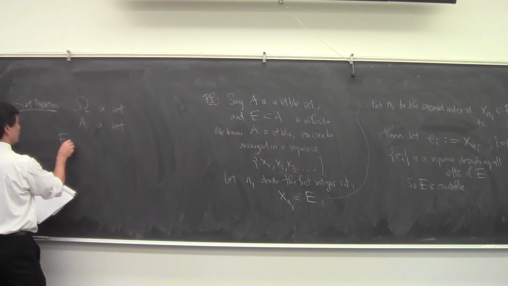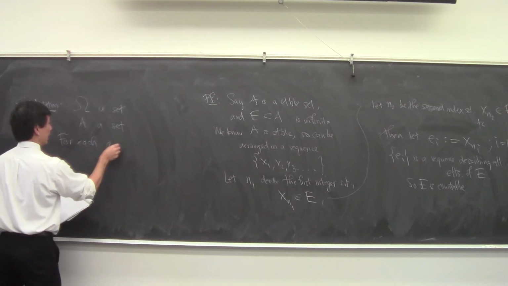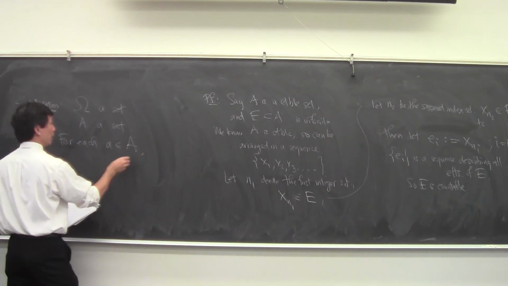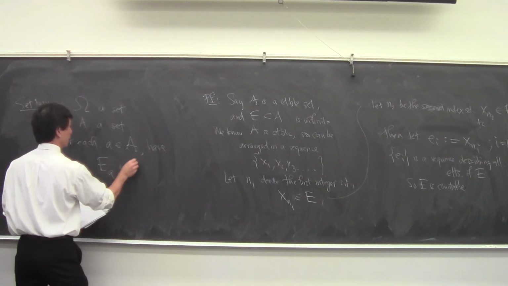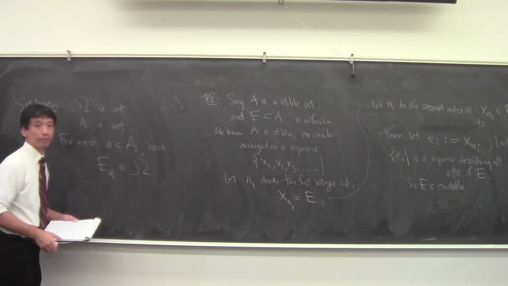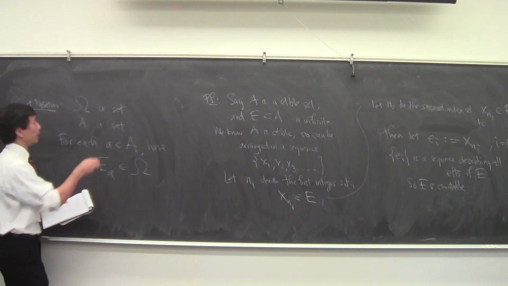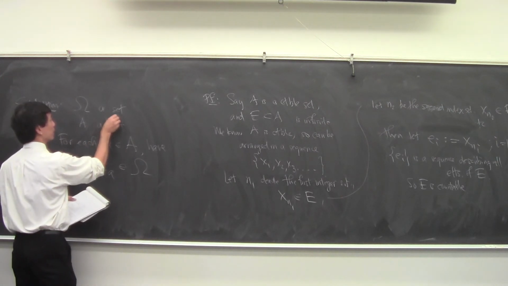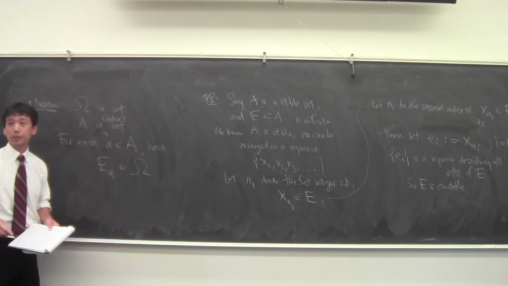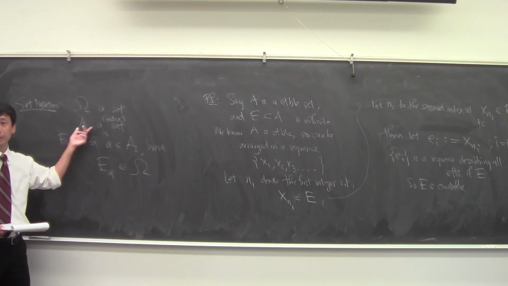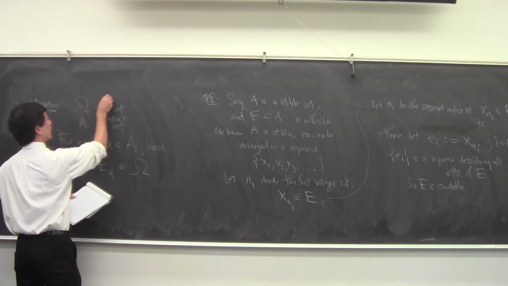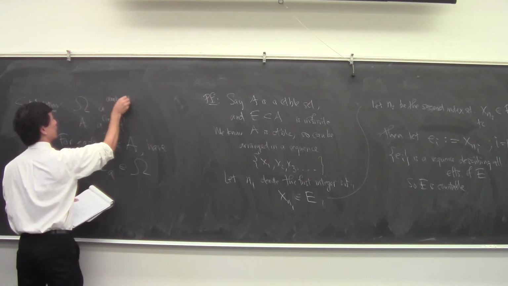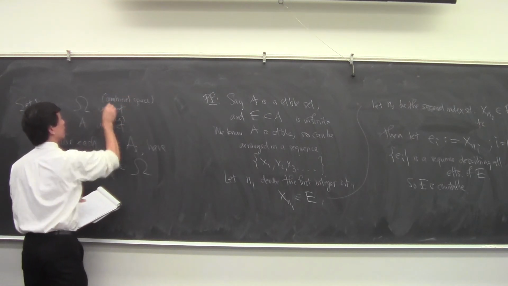For each alpha in A, you have a set E sub alpha in omega. This A is your index set, your set of indices, for example the natural numbers. And omega is your ambient space.